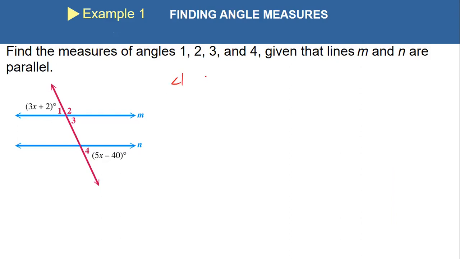So angle 1 and angle 4 are what? What are they called? Alternate exterior. Okay. Because they're alternate exterior, what does that mean their relationship is? They're equal. We know that the measure of angle 1 equals the measure of angle 4.